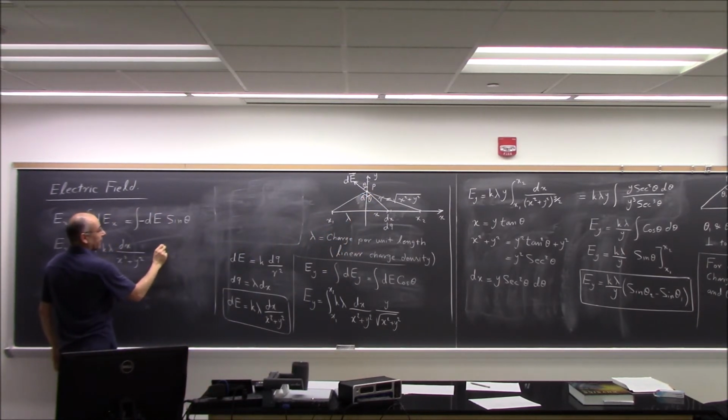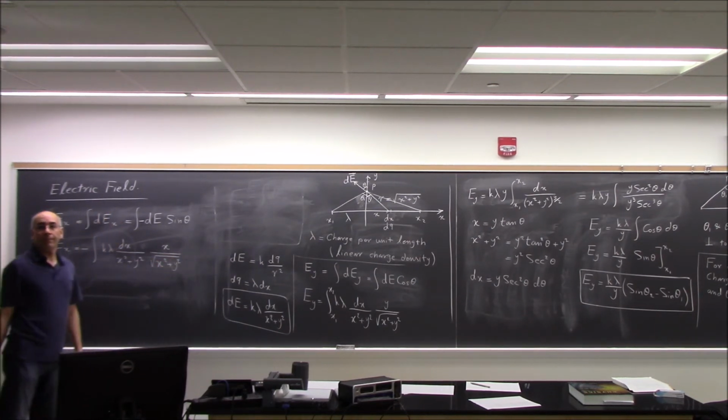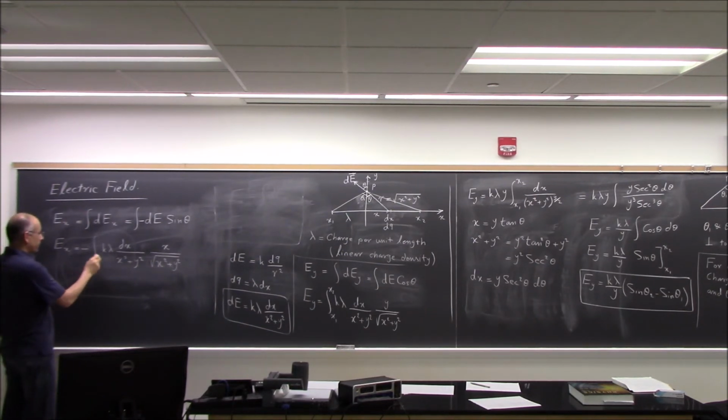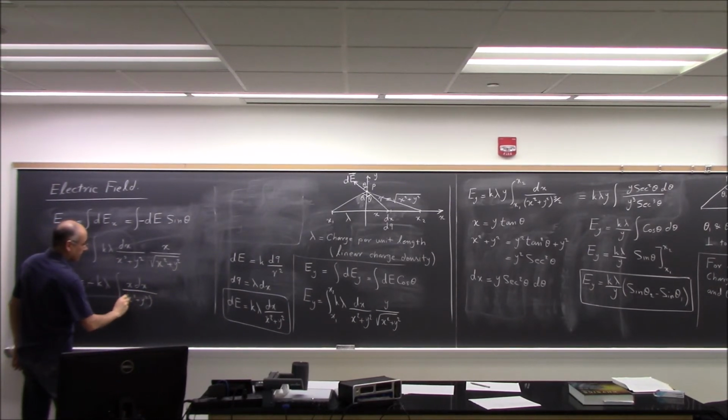So it will be x over the square root of x squared plus y squared. And therefore the whole thing, the Ex, will be negative k lambda integral x dx over x squared plus y squared to the 3/2.